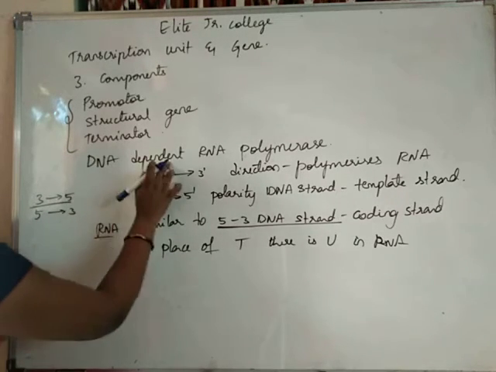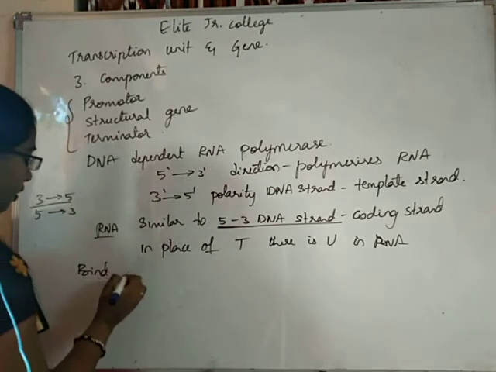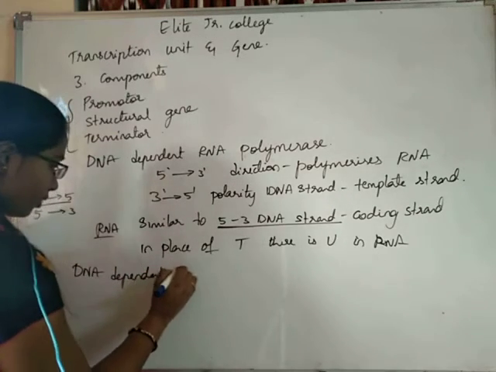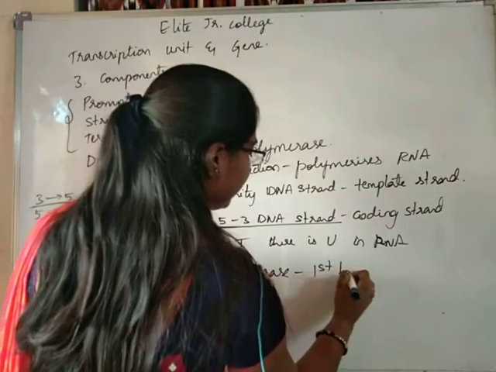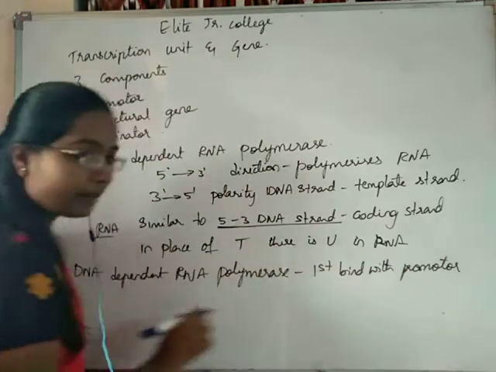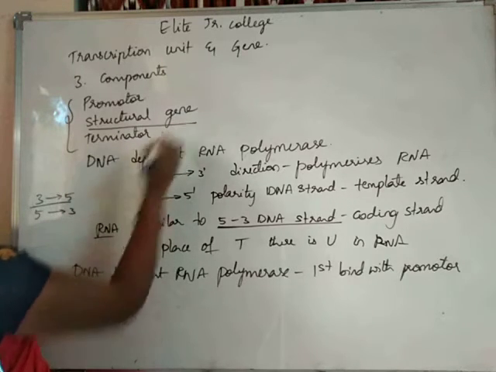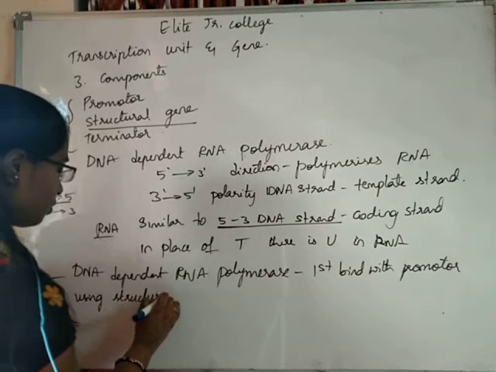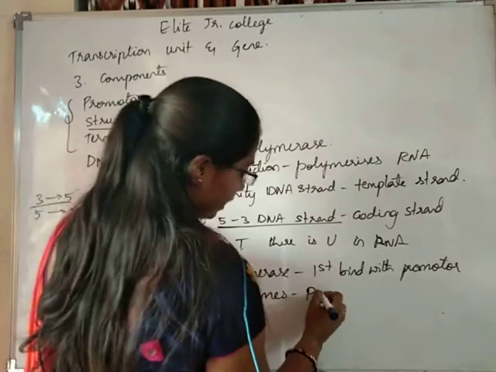So students, DNA dependent RNA polymerase will first bind with the promoter. After binding with the promoter, using structural genes, the enzyme causes polymerization.